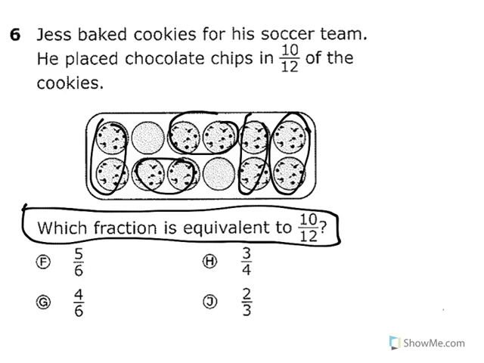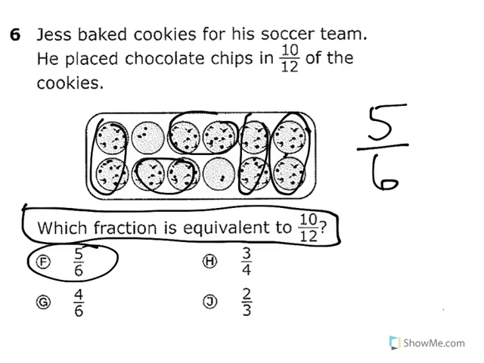Then I have the 2 cookies that don't have chocolate chips in their own group. So how many groups do I have now? I have 1, 2, 3, 4, 5, 6 groups there. And the ones with chocolate chips are 1, 2, 3, 4, 5 of the groups. So 5/6 is my correct answer.